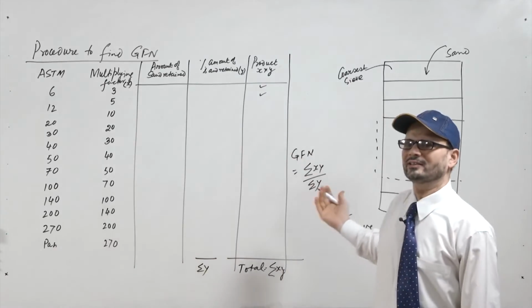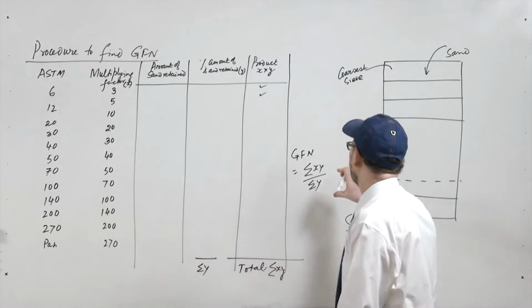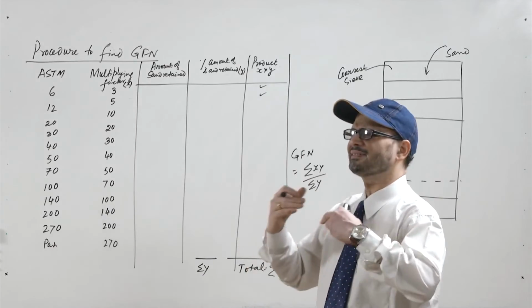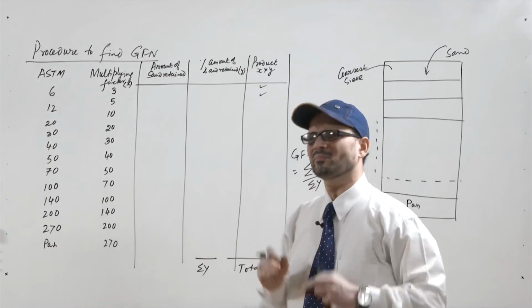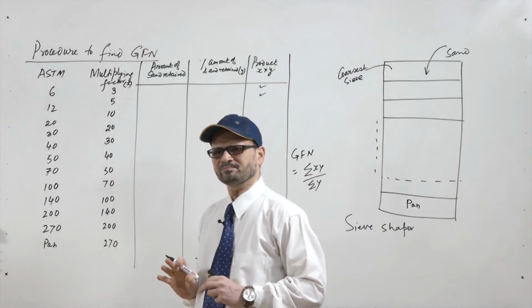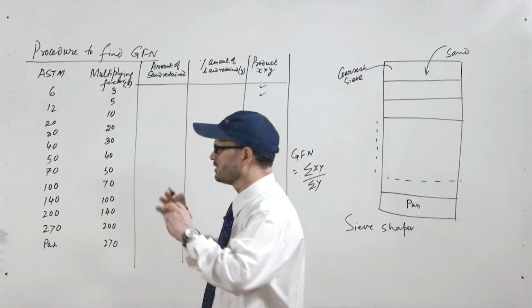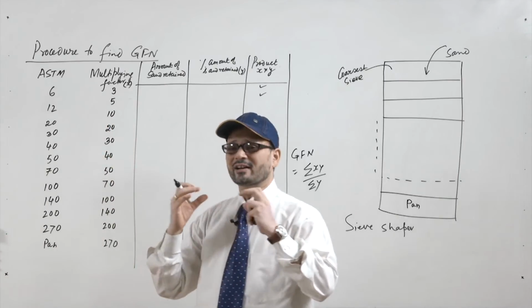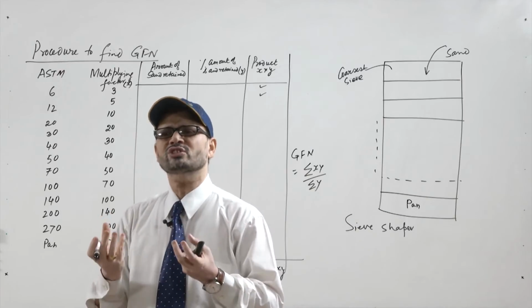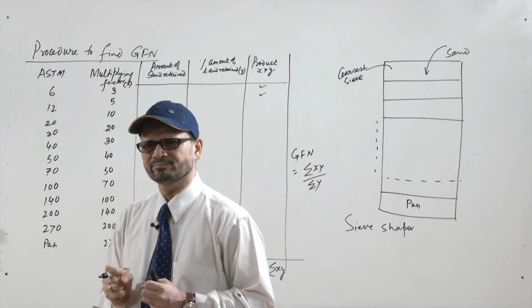So, summation of y is 100. So, that way we calculate this grain fineness number. Basically, the larger the fineness number, the smaller the grain size, and a smaller value of the grain fineness number is indicative of the coarse grains of the sand.